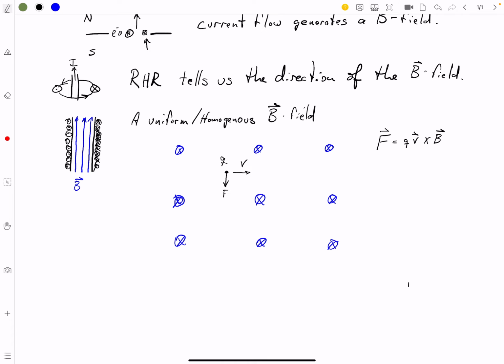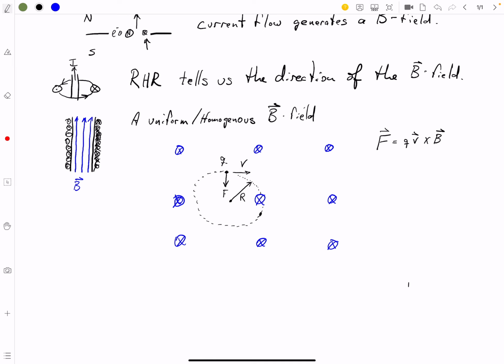Well, that's fine, and that means that the velocity is going to change because the acceleration is going in that direction, and it's going to do something like that around some radius r.